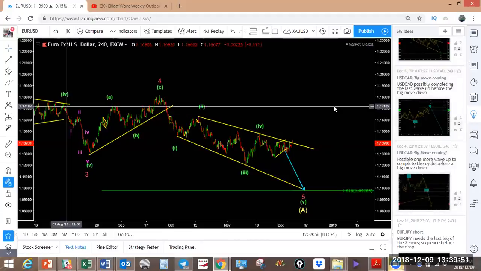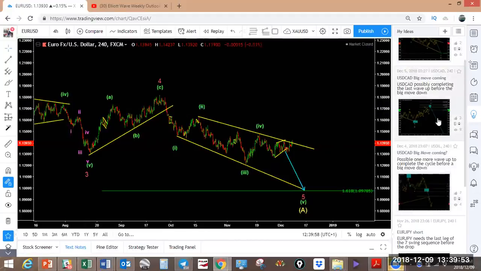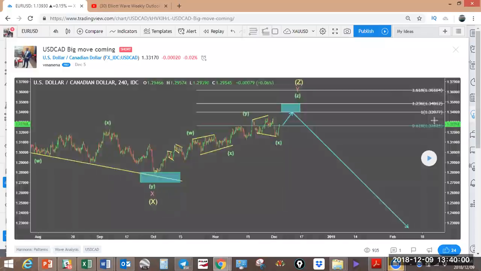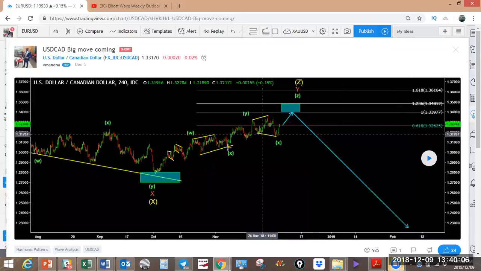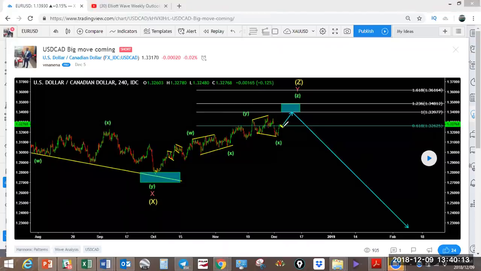Hold on a second. Right, so one of the setups that I posted, which was amazing, was US dollar CAD. Most of you that have been watching these videos for the last couple of months will remember how much I've been talking about US dollar CAD dropping. So far the two moves that we're expecting have happened. We were here and I posted this setup.